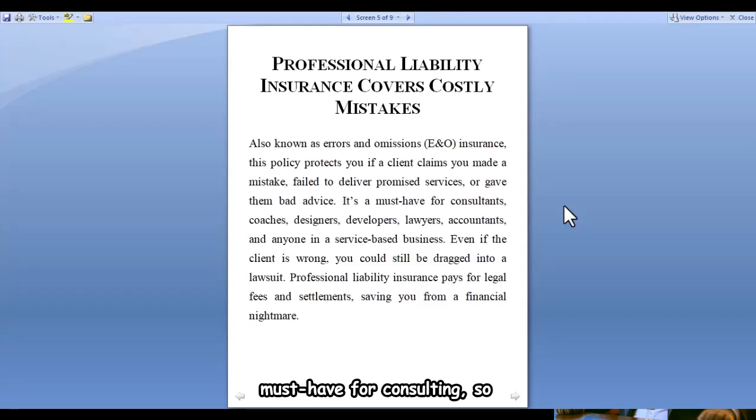It's a must-have for consultants, coaches, designers, developers, lawyers, accountants, and anyone in a service-based business. Even if the client is wrong, you could still be dragged into a lawsuit. Professional liability insurance pays for legal fees and settlements, saving you from a financial nightmare.